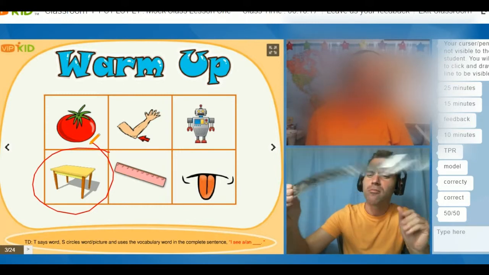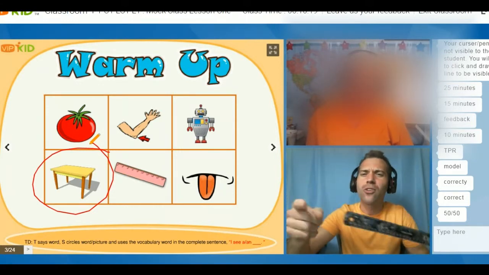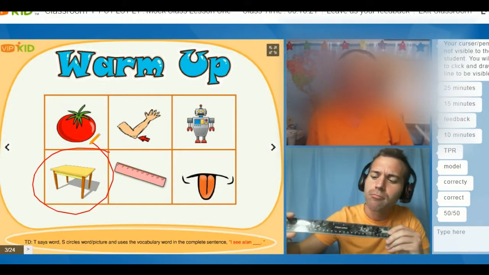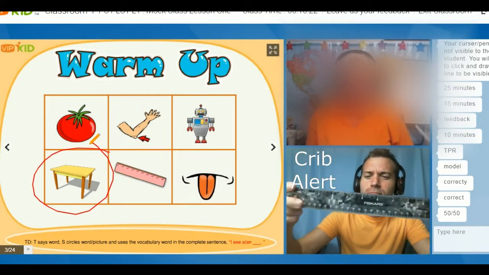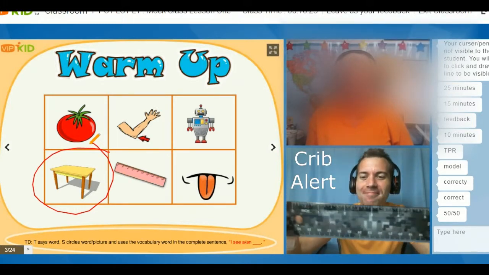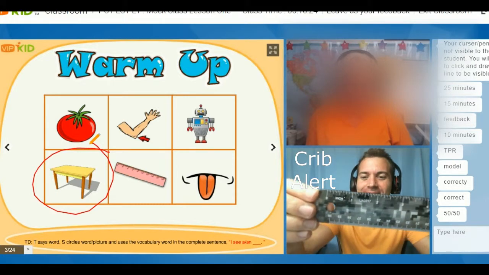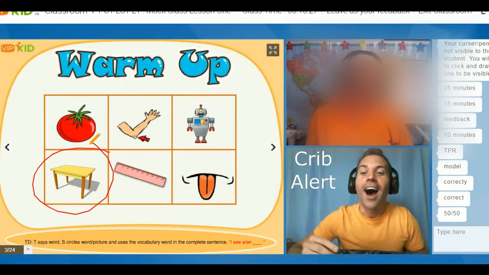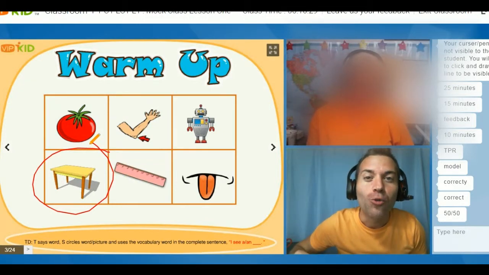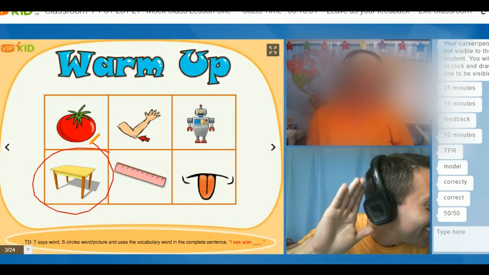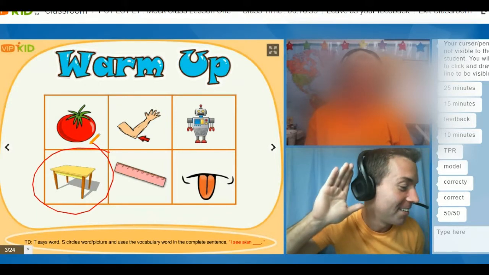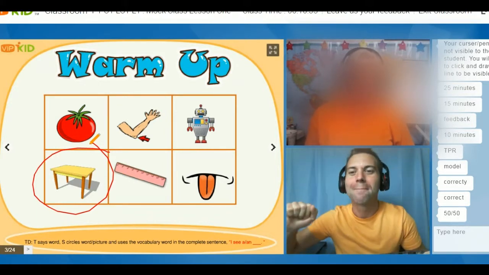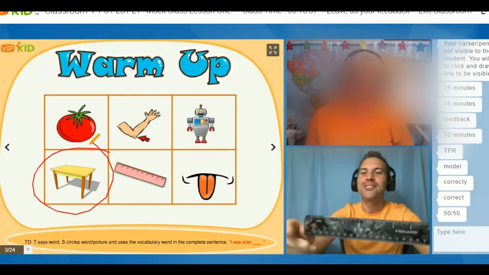And what do you see? Yes, I see a ruler. I see a ruler. Good job, Sue.